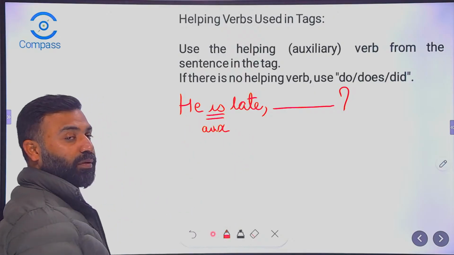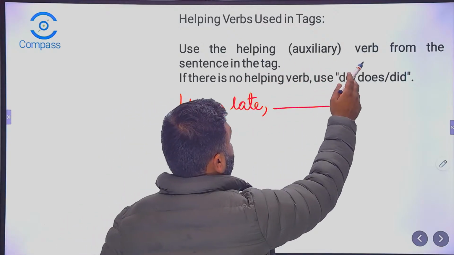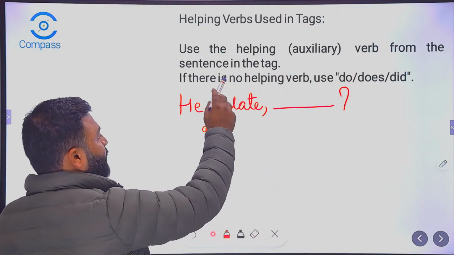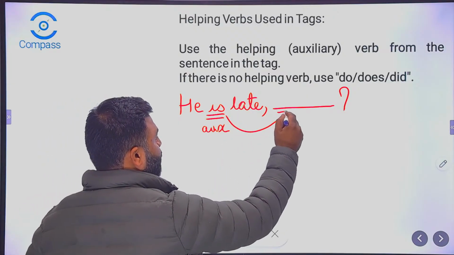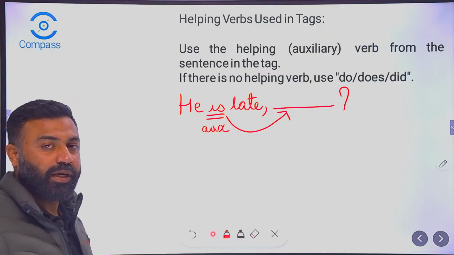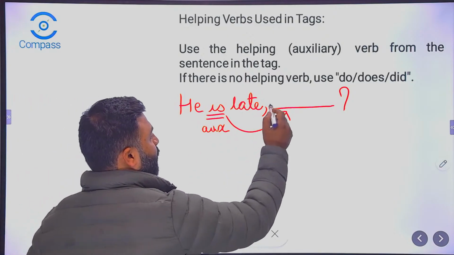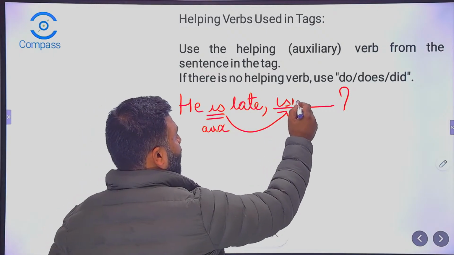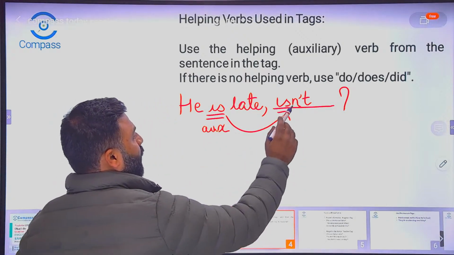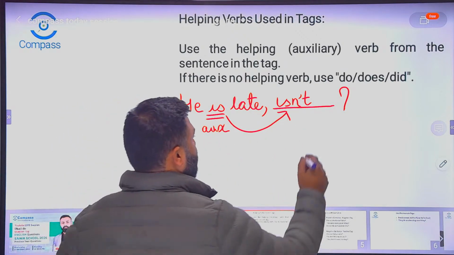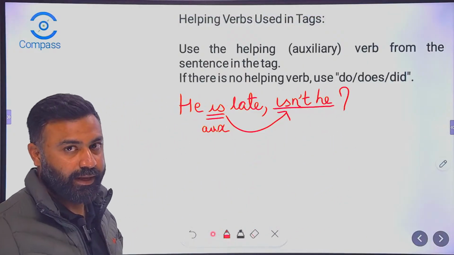Since it says to use the auxiliary verb from the sentence in the tag, that means this needs to be used here. Since this is positive, the question tag is negative, so is plus not, isn't, and then he, the subject, is there.